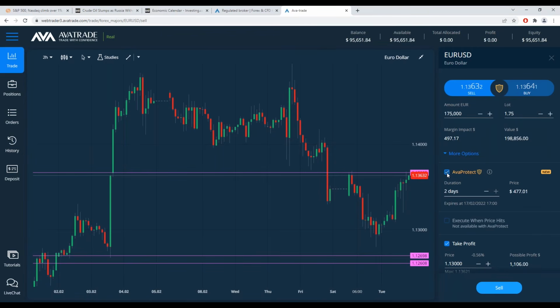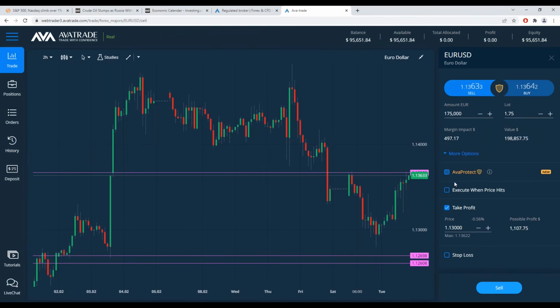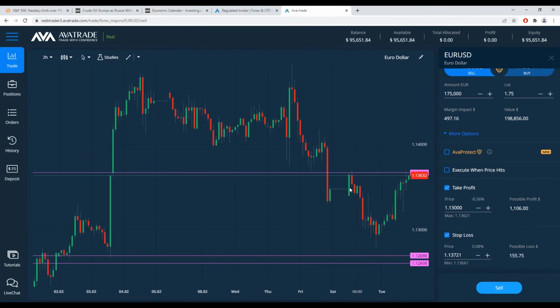Now, if I prefer, instead of putting AVA Protect, I could just put a stop loss. Okay, so stop loss. I could say, okay, my stop loss I'll put above the resistance here. If it breaks the resistance, then I'm out. And maybe I say, you know what, I'm willing to put it up above 2 resistance levels here.